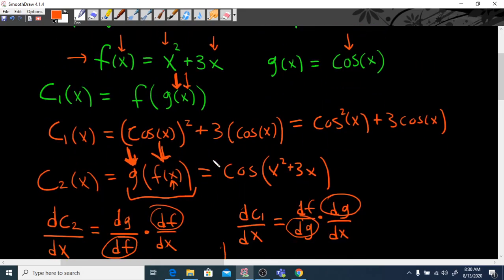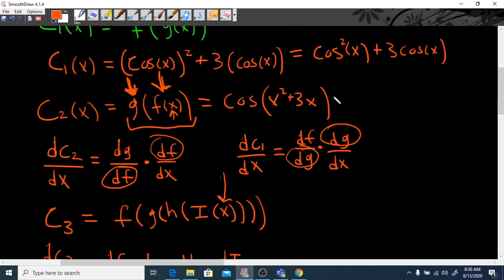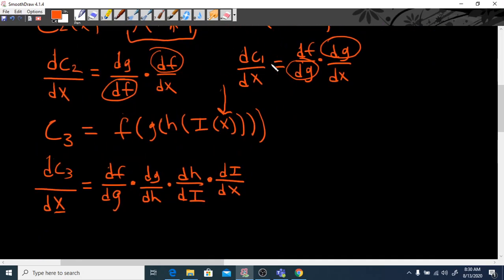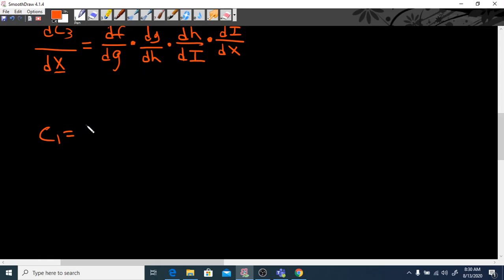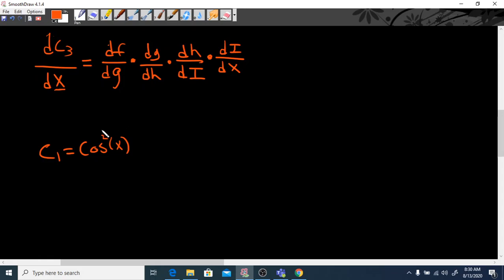Let's do C1. C1 is this function here. Let me write this down. C1 is cosine squared plus 3 cosine.